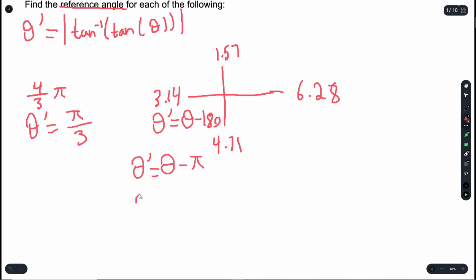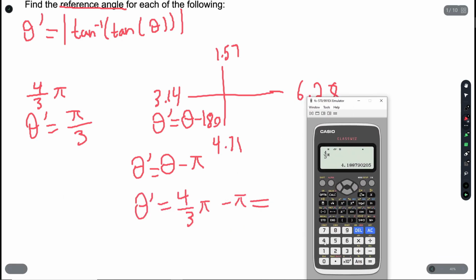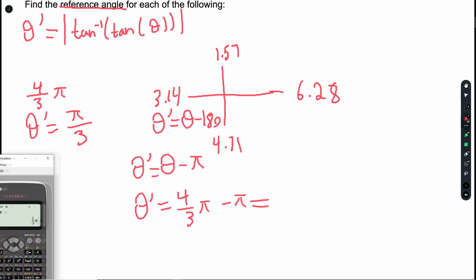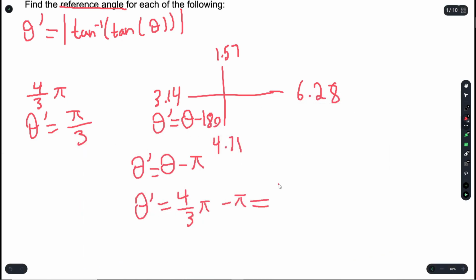So the reference angle equal to 4 over 3 pi minus pi. It should give us the same answer. Minus pi, over 3. Pi over 3.